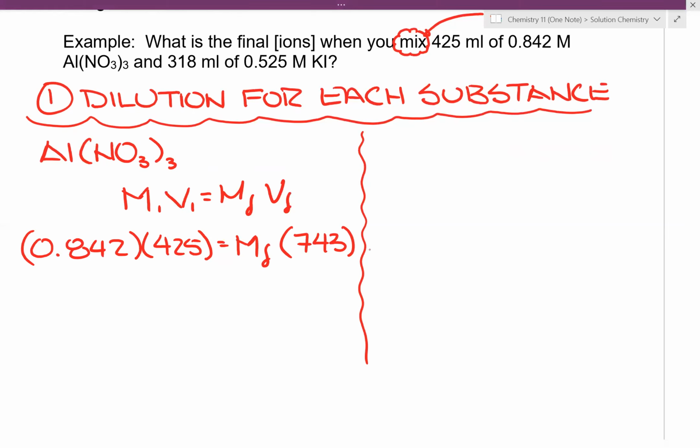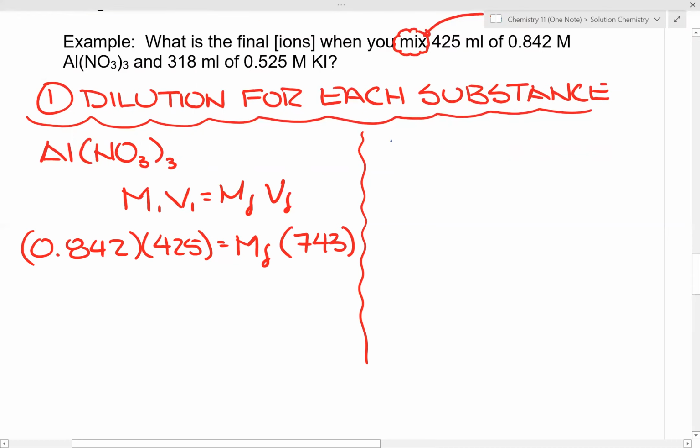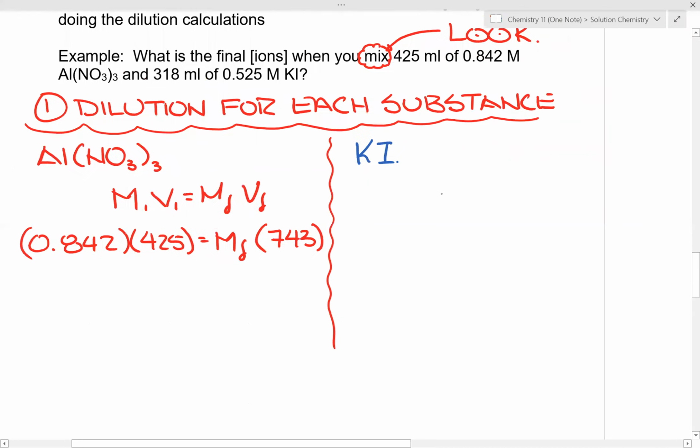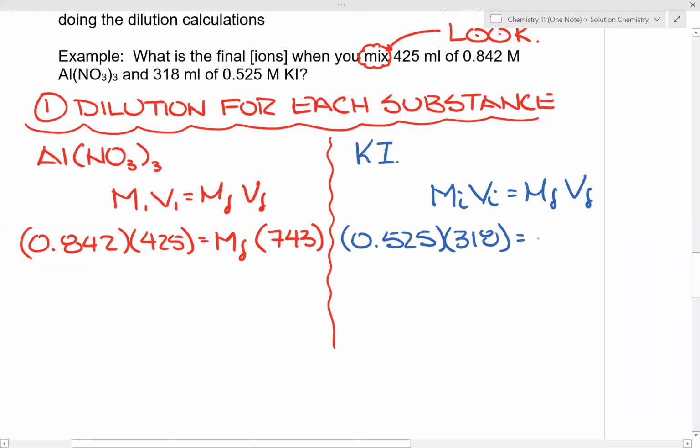You do the same thing for KI. I'm going to do it in a different color. So for KI, you still have M1V1 is equal to MFVF. So again, what you have is 0.525, volume is 318, is equal to MF and 743.